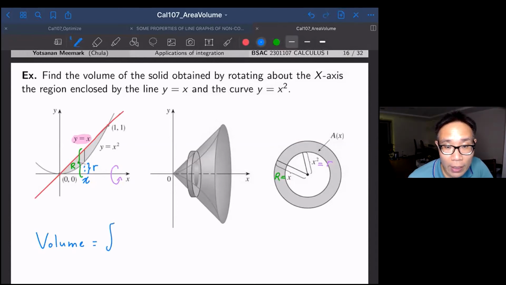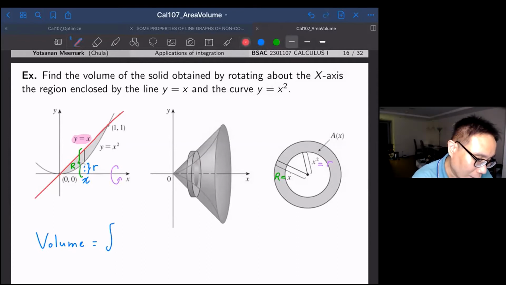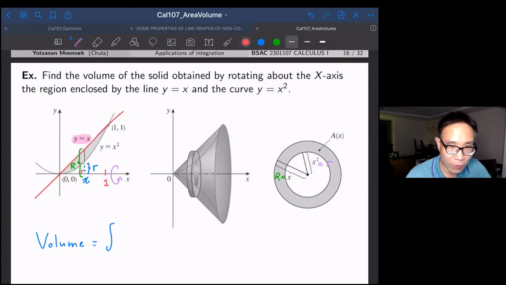You first have to know whether you're going to integrate dx or dy. So you integrate d what? dx, because here you see it's going to be 0 to 1, and the cross section is perpendicular to the x-axis. You're going to cut perpendicular to the x-axis all the time, so in this case you integrate the washer over dx.